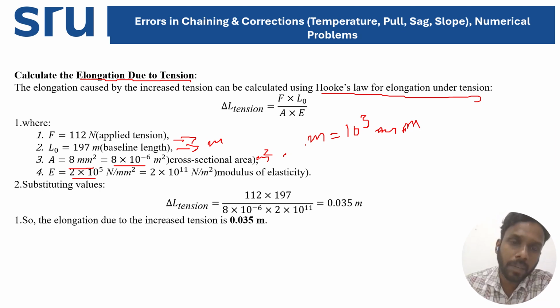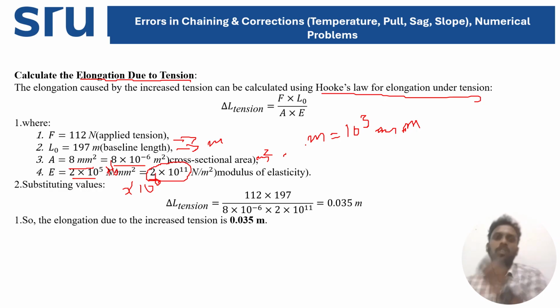So you are getting 10 power minus 6 as your cross-sectional area. Then E is equal to 2 into 10 power 5 Newton per mm square. Converting this to Newton per meter square, because here it comes to 10 power minus 6, when it goes up it becomes 10 power plus 6. So 5 plus 6 gives 2 into 10 power 11 Newton per meter square.